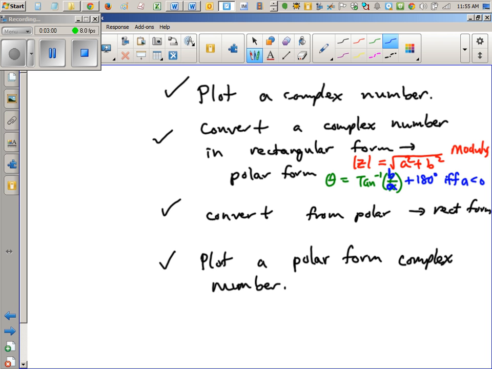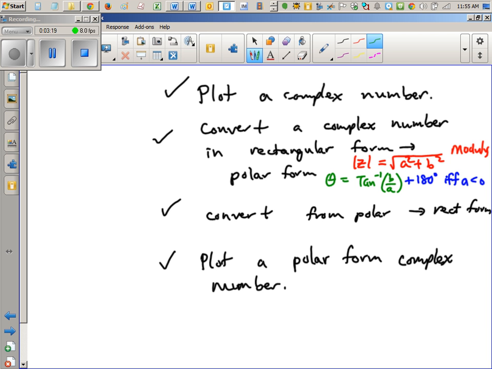It's supposed to be b and a. Sorry about that. B over a. I'll try to be consistent, okay? You're supposed to use b and a for this.